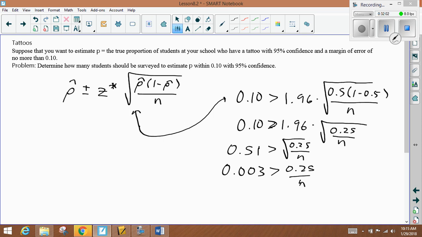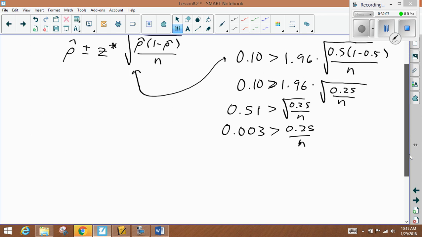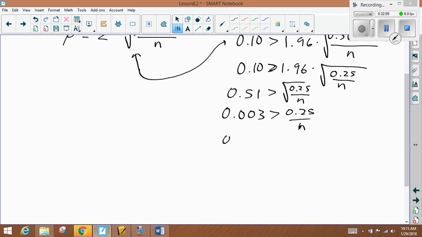Let's go ahead and solve this like a proportion. We just need to divide both sides by 0.0026. So that means that the sample size has to be greater than 96.